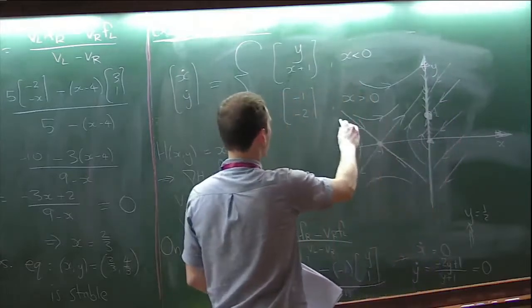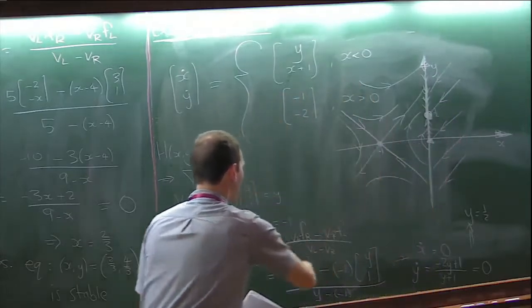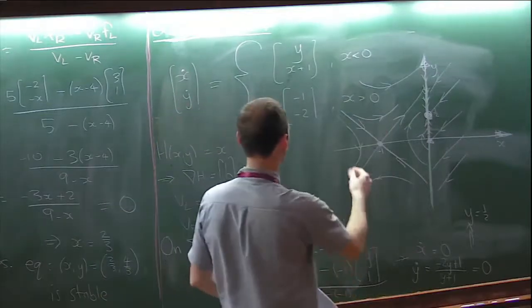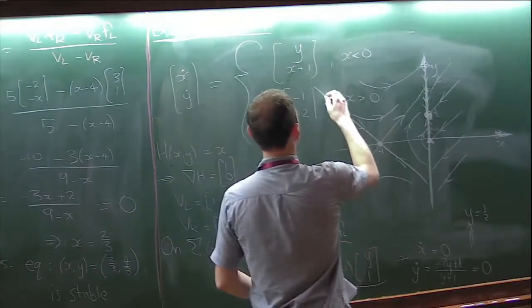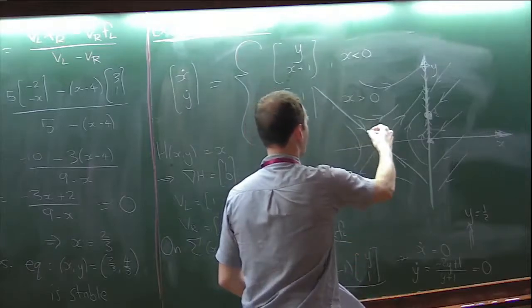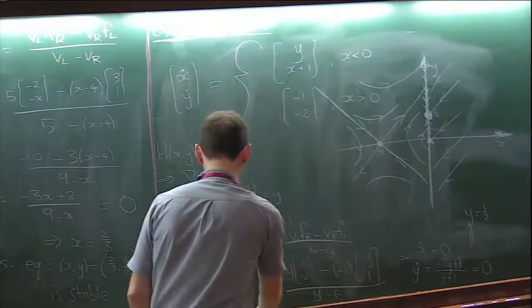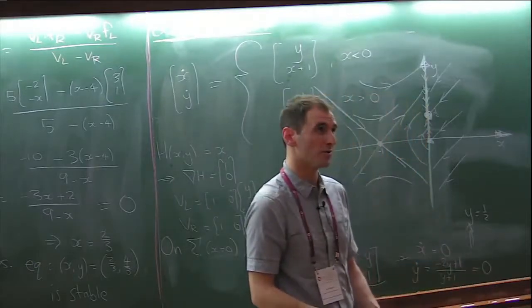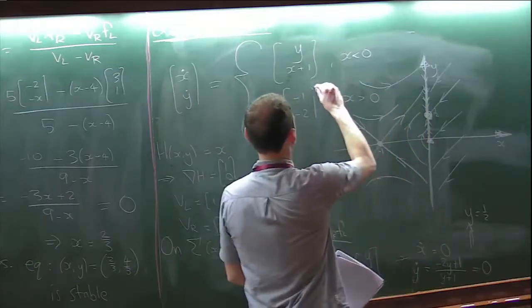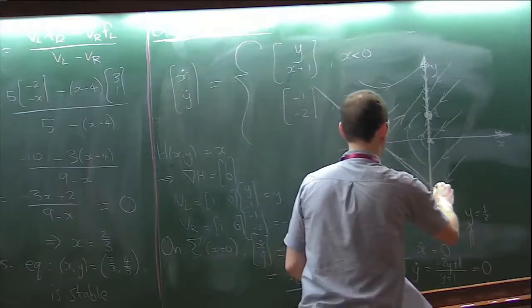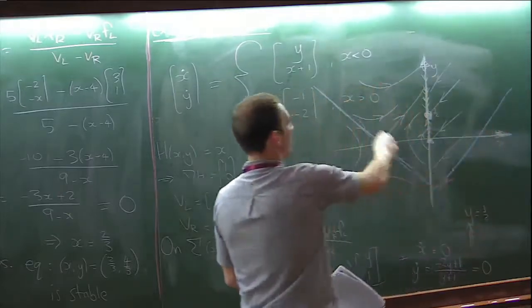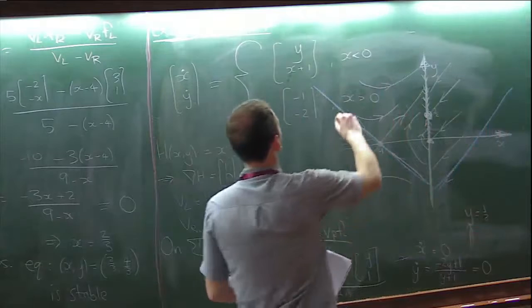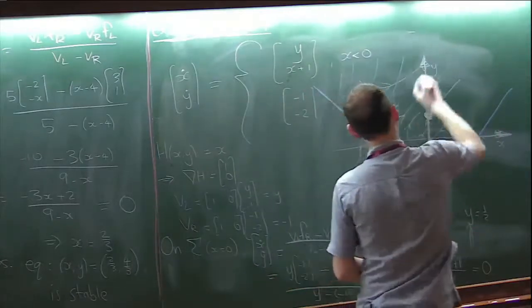I have a problem over here. Over here I'm going down off to minus infinity. So the boundary is going to be this line going into the saddle. So the boundary of my basin of attraction is this. So here's my basin of attraction.